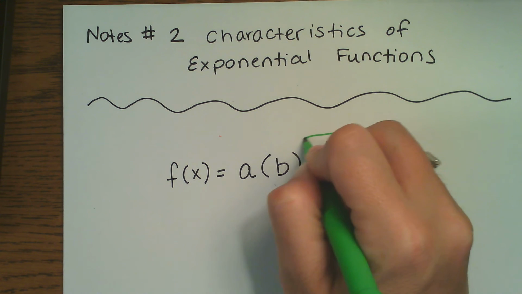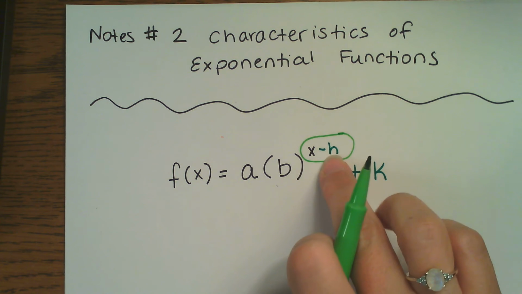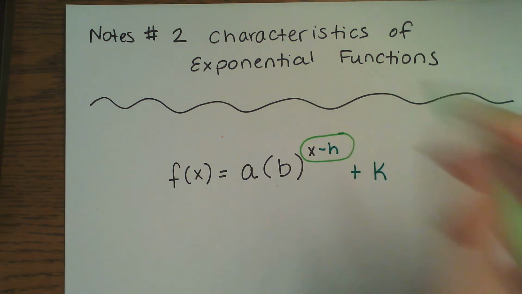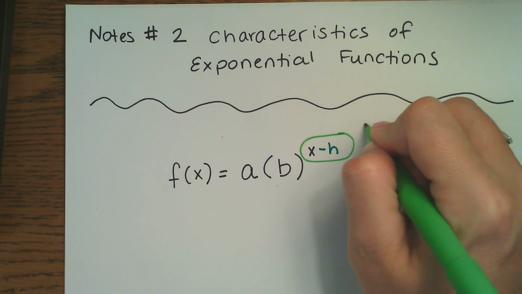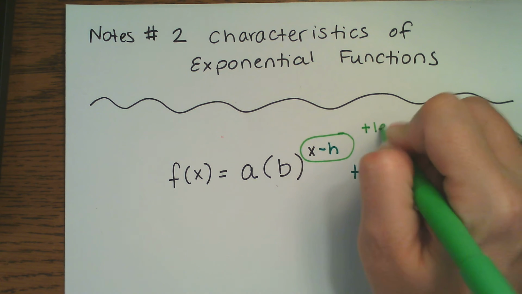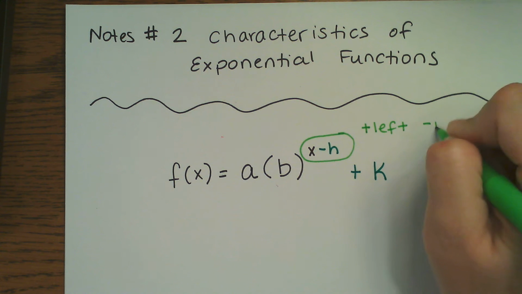Up here in the exponent, this h, if anything is added or subtracted to the x, it's going to shift it to the left and the right, and it's opposite of what you think it should be. So plus is actually going to lead you to the left, and minus is going to lead you to the right.